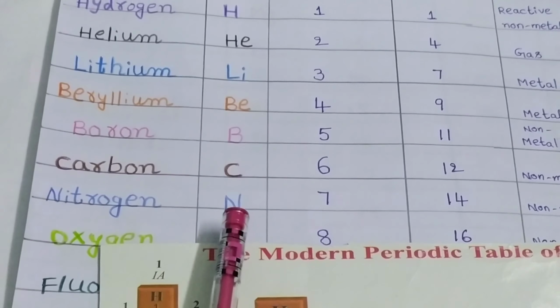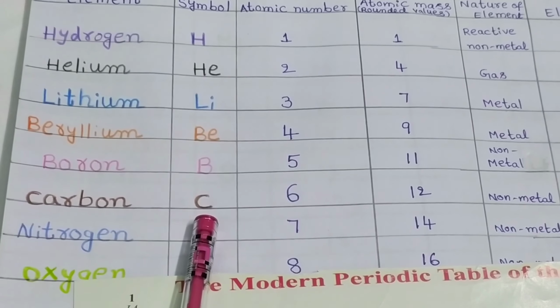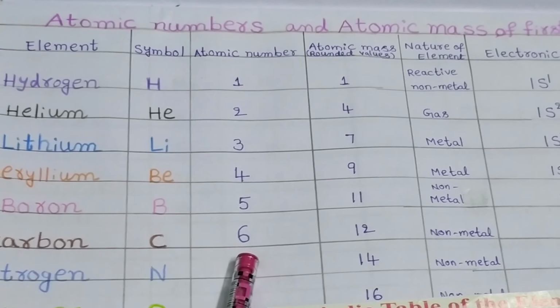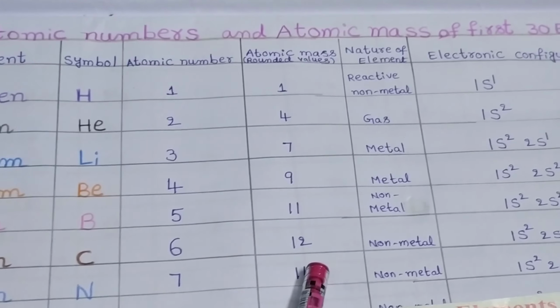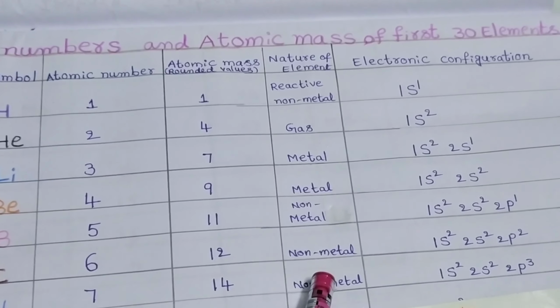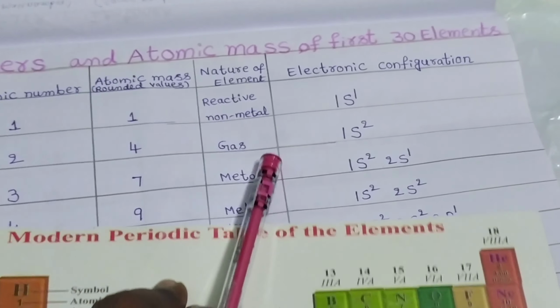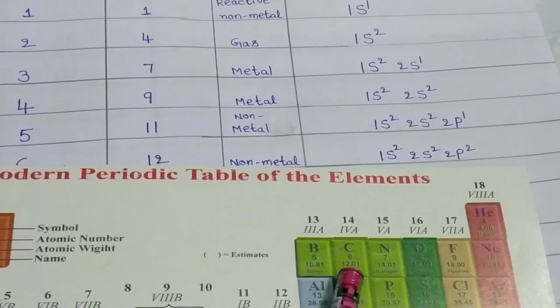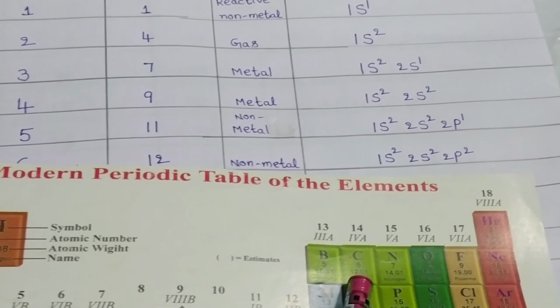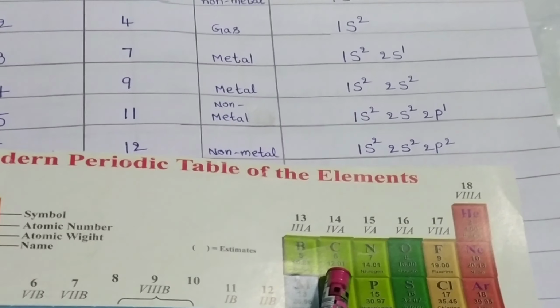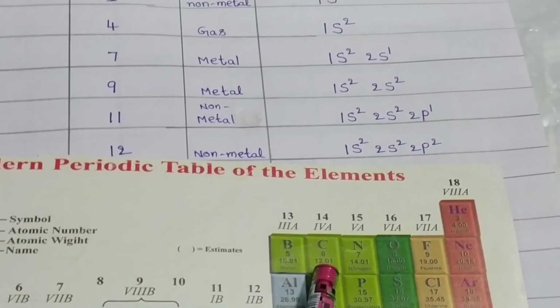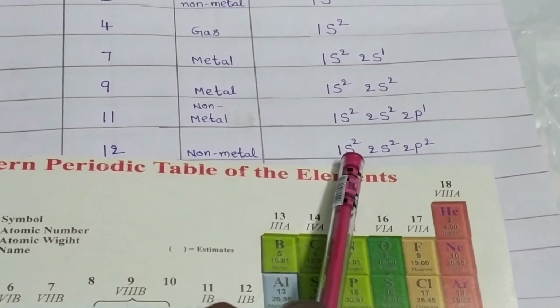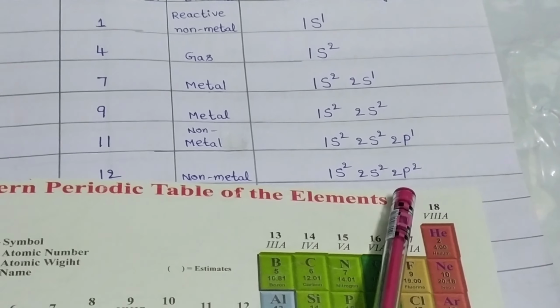Next, carbon. Symbol is C and atomic number is 6. Atomic mass is 12. Non-metal. Carbon is present in the p block and it is the second element in the p block. So the electronic configuration is 1s2, 2s2, 2p2.